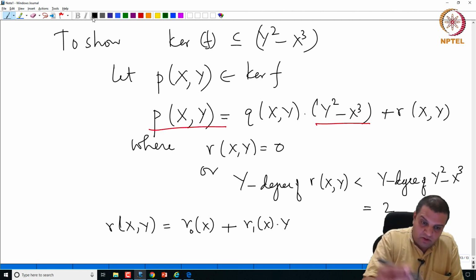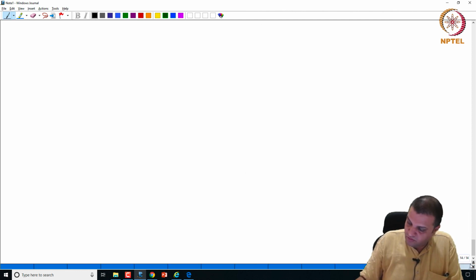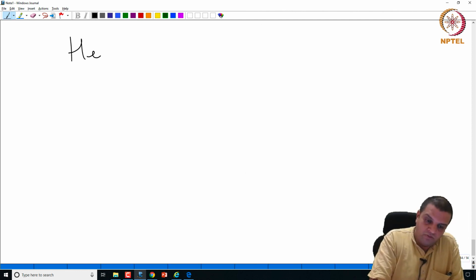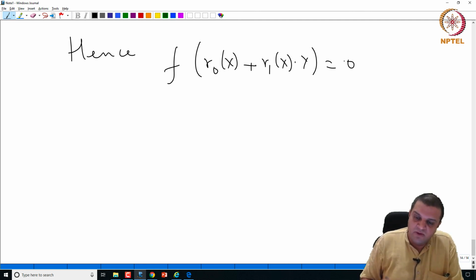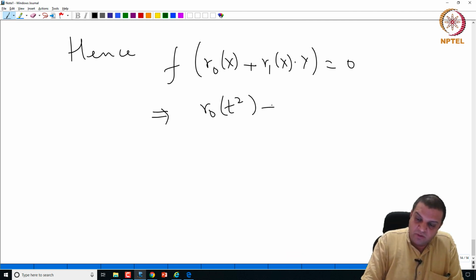So hence f applied to r0 of x plus r1 of x times y is 0. And what does that say? This says r0 of t square plus r1 of t square times t cube is 0.